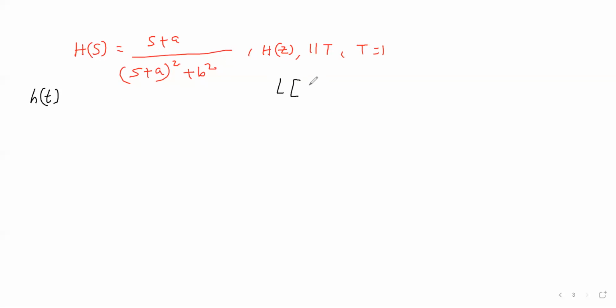Laplace transform of e to power minus at cos bt u(t) equals s plus a divided by (s plus a) whole square plus b square.